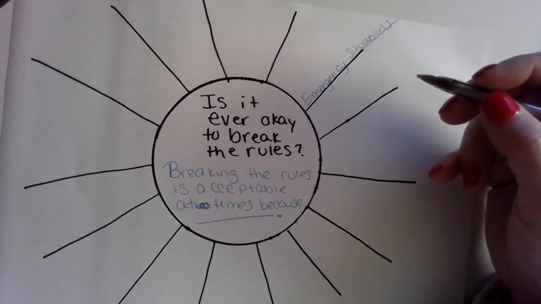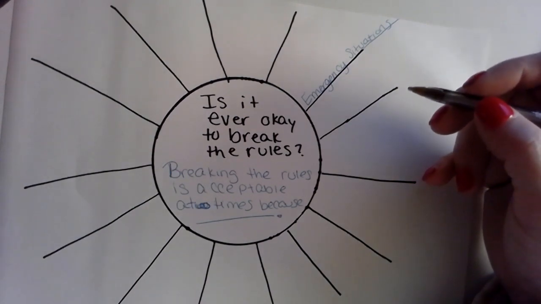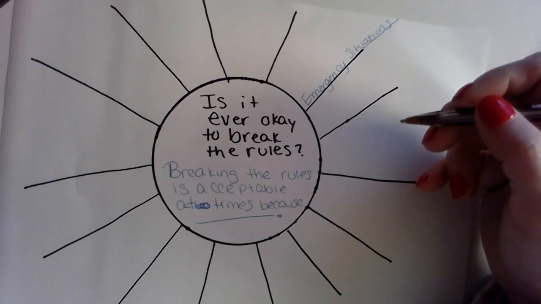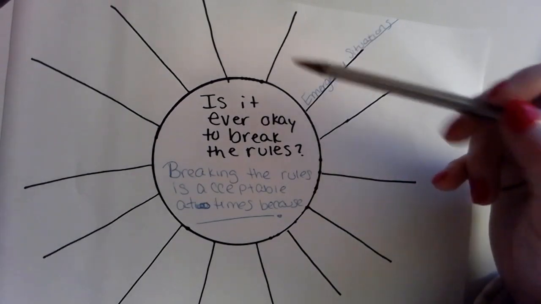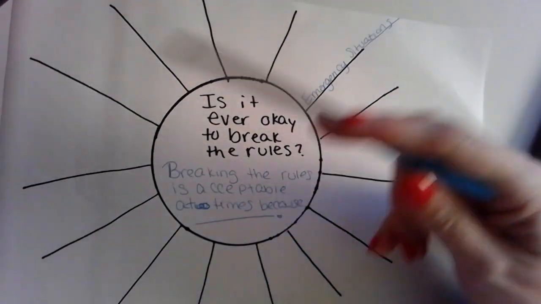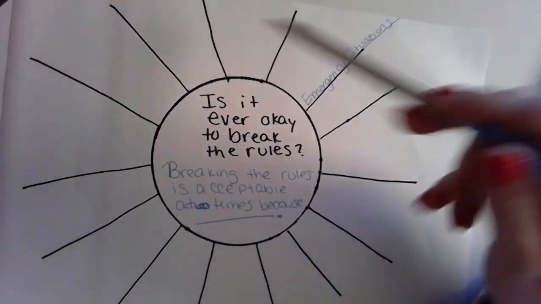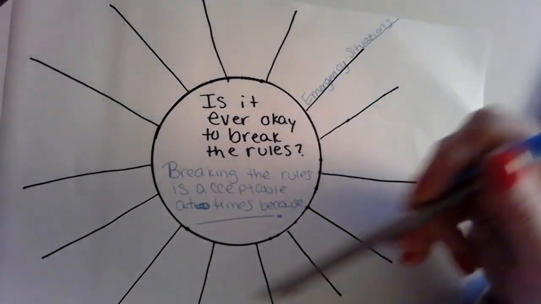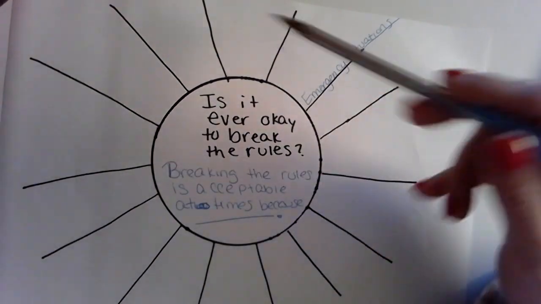What else? When is it ever okay to break the rules? This is what you're doing: you're going to be filling in your OCTO surgery. Come up with ideas. You're going to list out, it doesn't have to be all of these, just several ideas of why you think it's okay to break the rules.